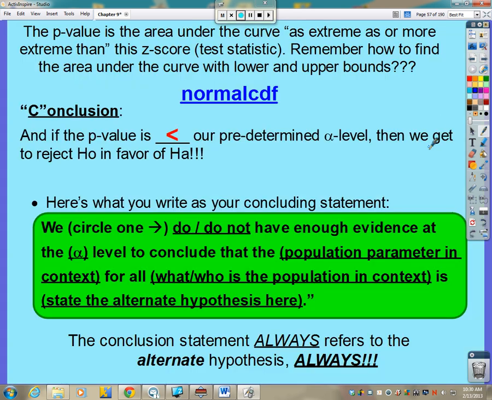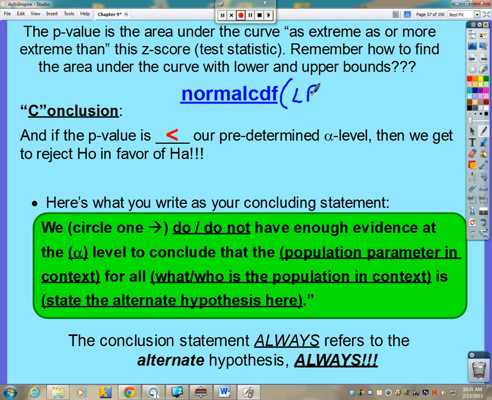Now the p-value is the area under the curve that is as extreme or more extreme than the z-score that we are going to calculate. And just like we mentioned last video, we are going to be using normal CDF to find the area for our p-value. We talked about how we would usually need to know 4 numbers to use normal CDF: our lower bound, upper bound, mean, and standard deviation.